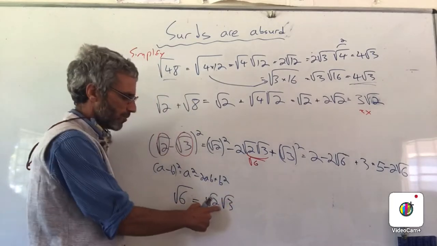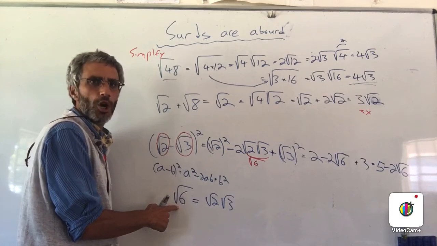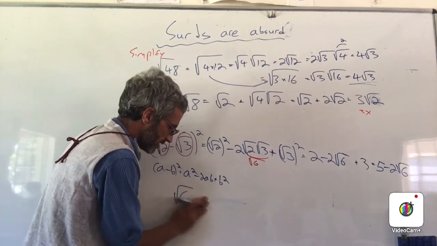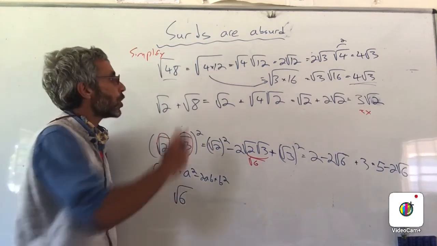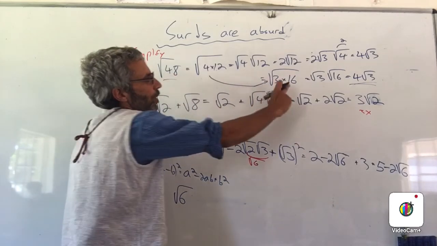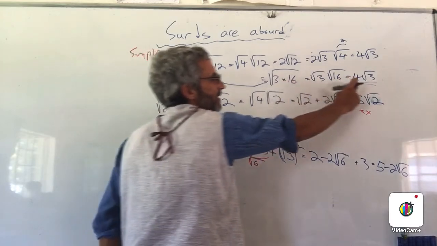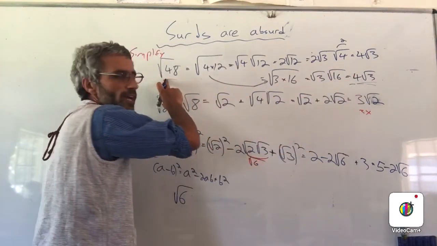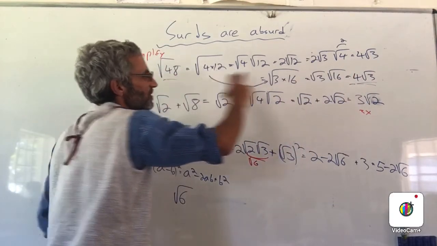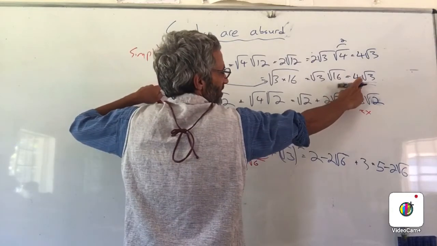Is this looking more simple than that? No. Definitely not. So you leave that. There's nothing more to do with that. It's only if you can split it into a perfect square that it is simpler. You might disagree with that, I don't know, but that apparently is more simple.